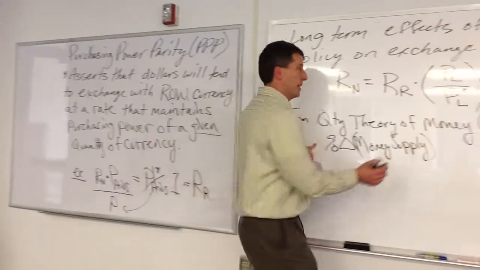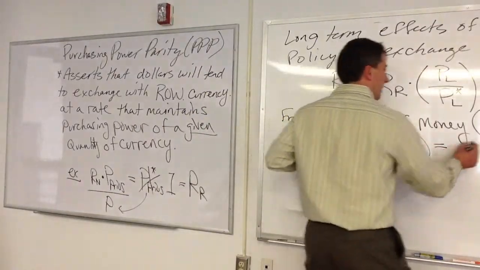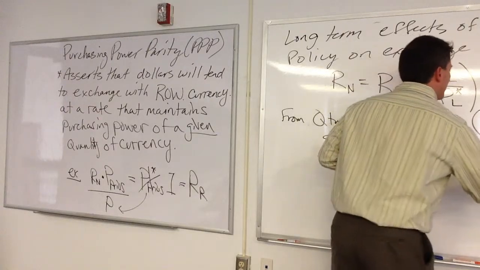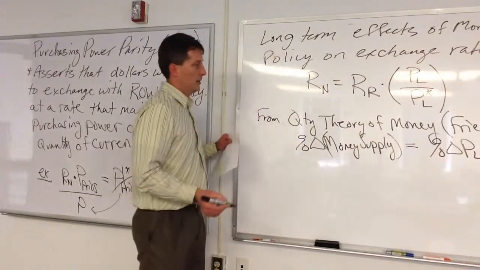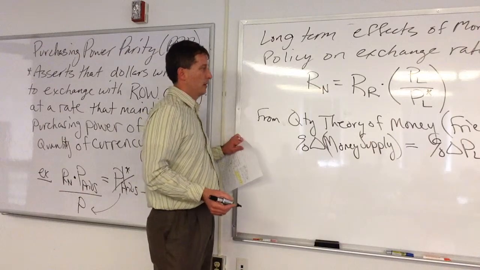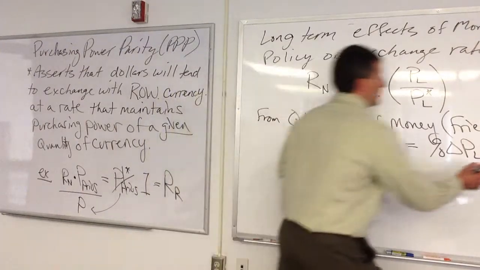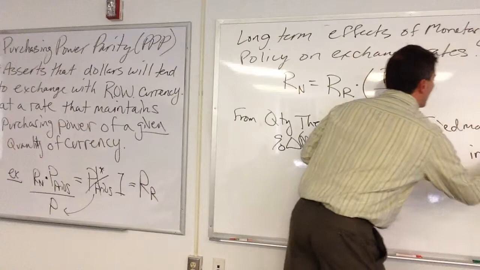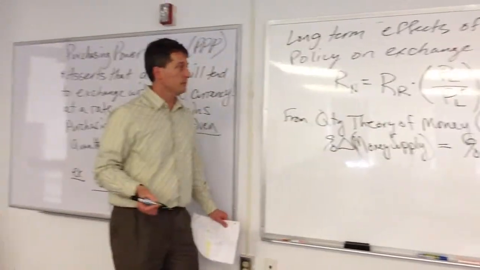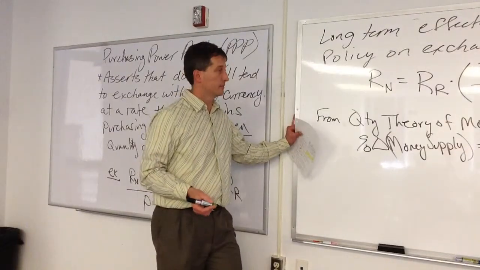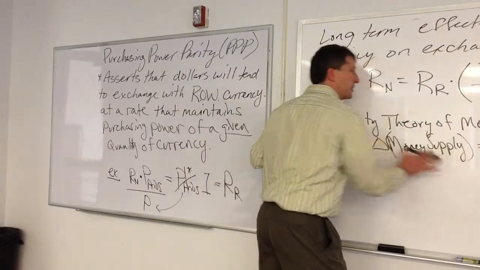Percentage change in the money supply is going to equal the percentage change in the price level. In the long run. Yes. Yeah, so this is kind of a domestic prediction.